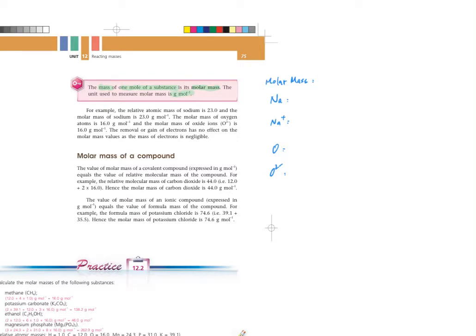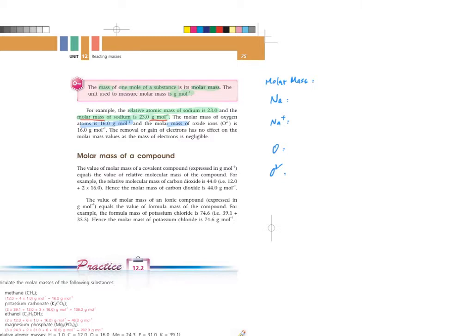So here's some examples, like the relative atomic mass of sodium is 23, you can refer to the periodic table, and also the molar mass of sodium is 23, but don't forget the unit is gram per mole because I mentioned molar mass. And the molar mass of oxygen atom is 16 gram per mole.